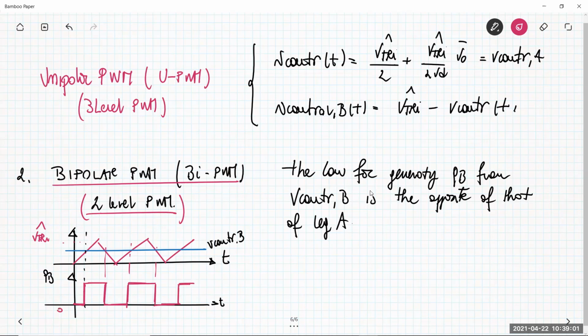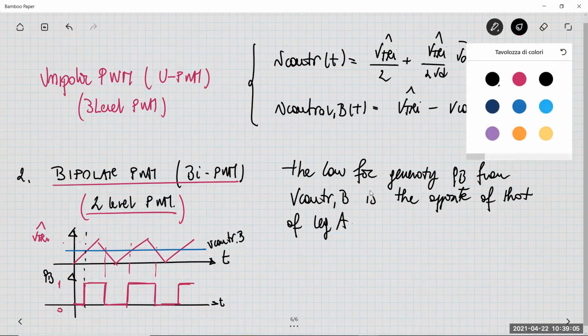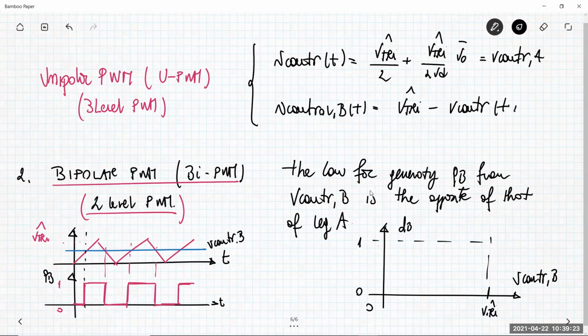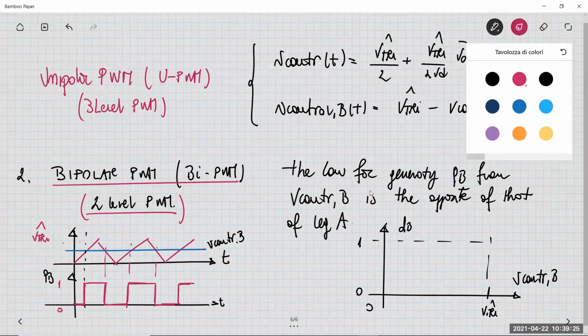In this situation, the duty cycle dB as a function of the control voltage V control B is a little bit different from before.